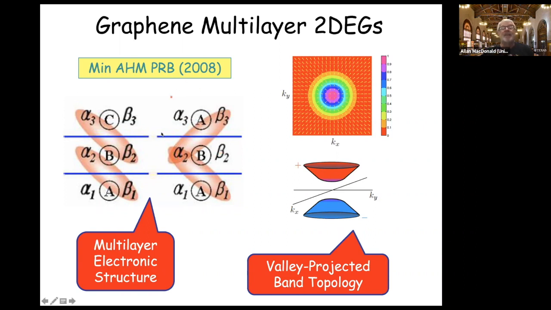And you can see this example. This is an ABA trilayer. This ABA trilayer is closely related to twisted trilayer graphene. That will be important in my talk.